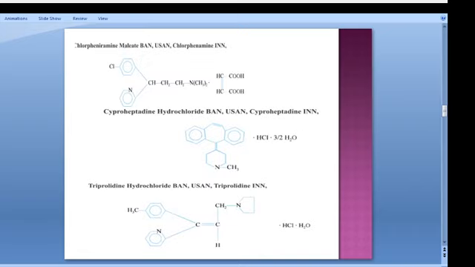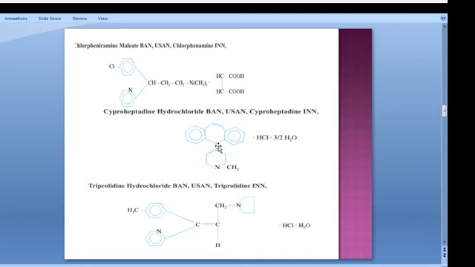It is cyproheptadine. Cyproheptadine is a dibenzocycloheptene derivative. This is cyproheptadine hydrochloride.